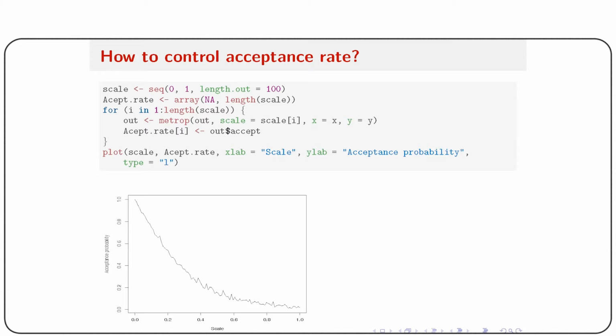So acceptance rate is an array that has all acceptance rates for 100 different choices of scale value, and now the acceptance rate has been plotted against the scale value. This curve shows how the acceptance rate decreases with the increase of scale. This is the statement given earlier, that big steps give a lower acceptance rate and small steps give higher acceptance rates, and that can be verified through this plot itself.